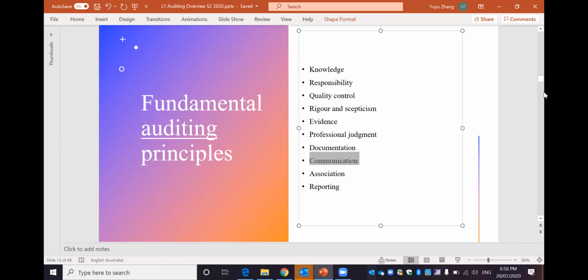You need to talk to people, talk to the management, talk to the stakeholders to get important information for your audit. And also, you should have very good communication skills to deliver the message to the relevant parties. So that's also why in this unit, in the assessment, we are also assessing your communication skills in the presentation assessment item.